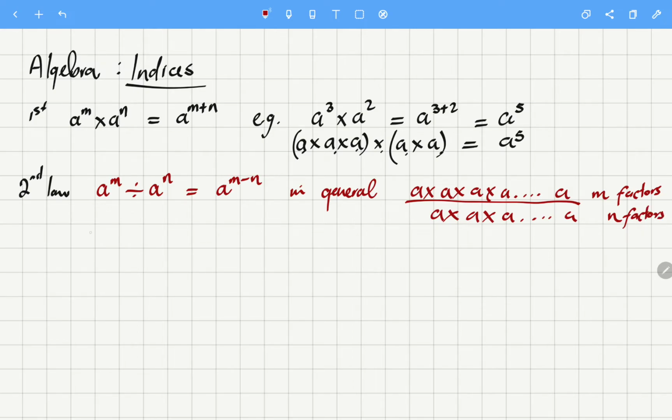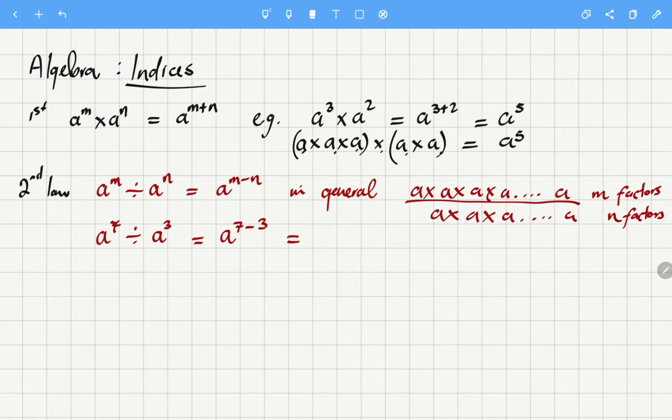So for example, say a to the power 7 divided by a to the power 3. That's a to the power 7 minus 3, which is a to the power 4.